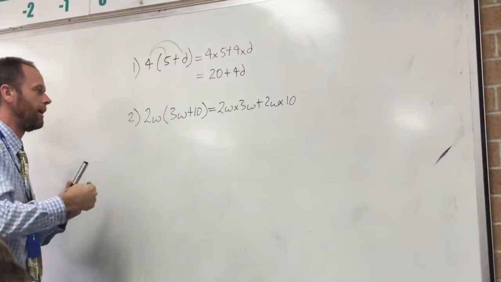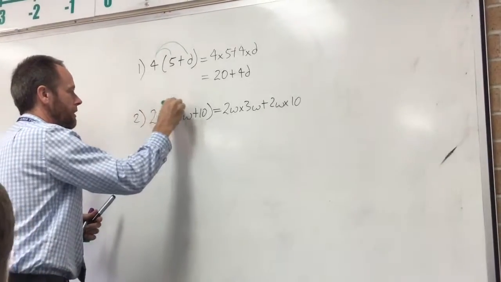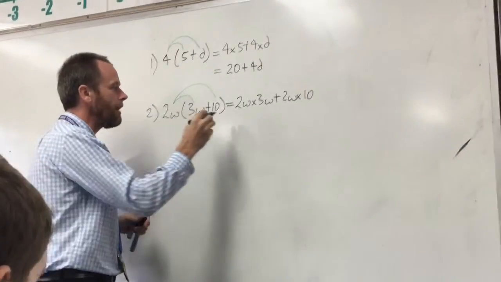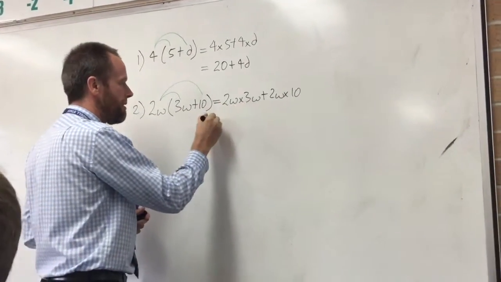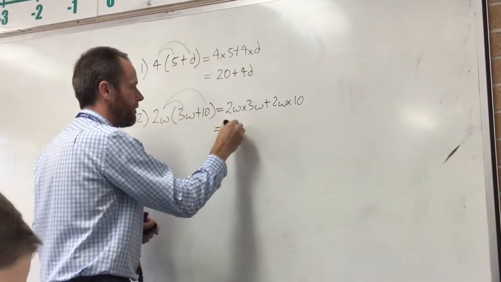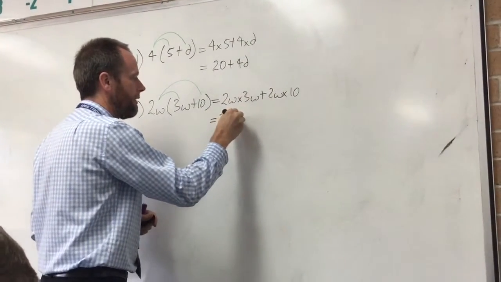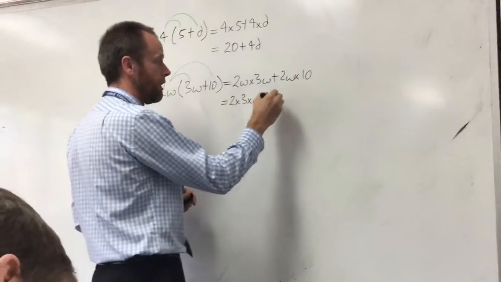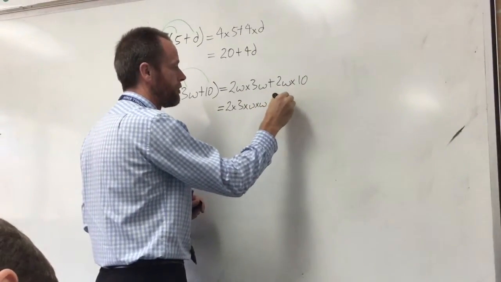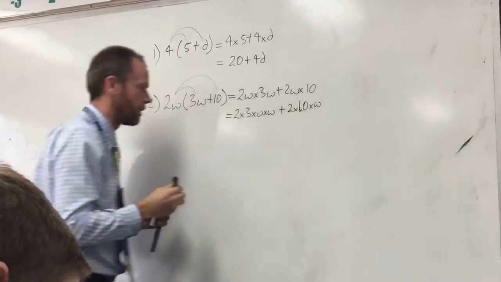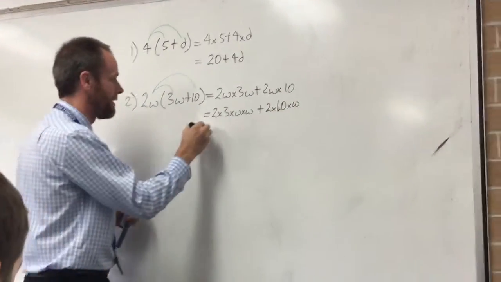We've multiplied each term inside by the term outside. When we multiply this one, remember, we multiply our numbers, 2 times 3, and then we multiply our variables, all letters, plus w times w, plus 2 times 10 times w.